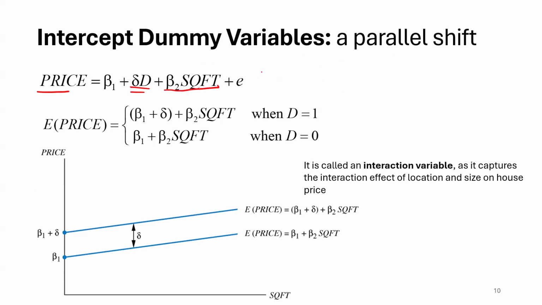Imagine that this is MRT. If dummy equals one, it is close to MRT. If dummy is zero, it is not close to MRT. So an intercept dummy means a parallel shape.